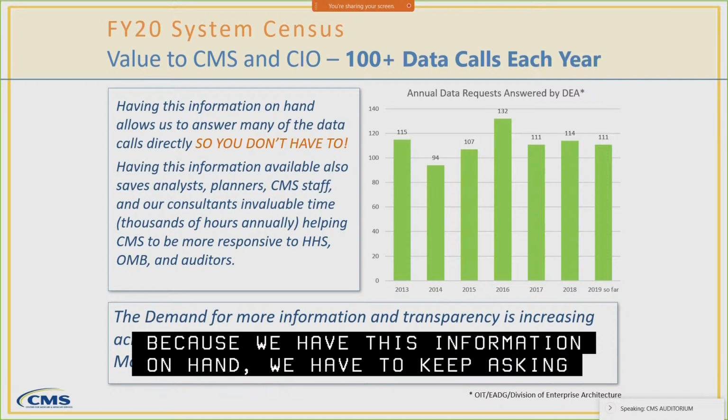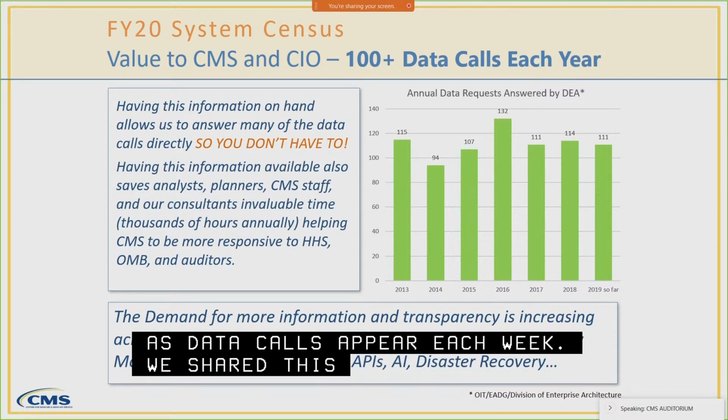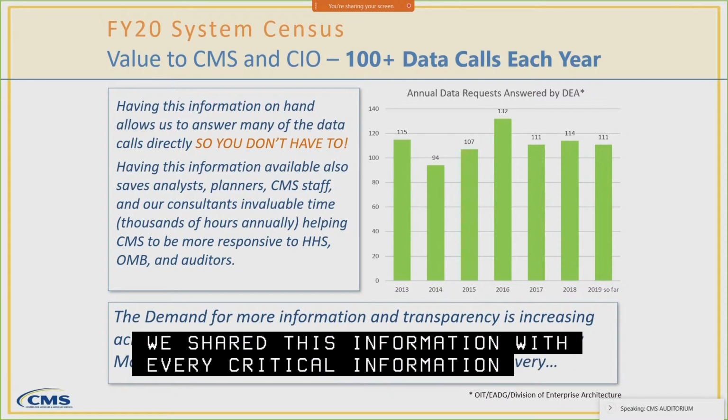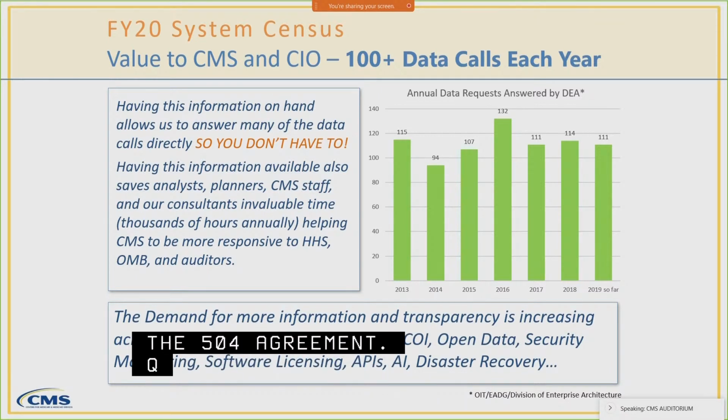We've also used and shared this information with integrated project teams leading every critical initiative at CMS for years, including the new Medicare Card Initiative, SSNRI, the 504 Agreement, HITECH, QPP, and of course, ACA. This information is available to any staff at CMS from the DEA SharePoint site, the Division of Enterprise Architecture SharePoint site, or you can ask for our information and we'll be happy to share it with you.